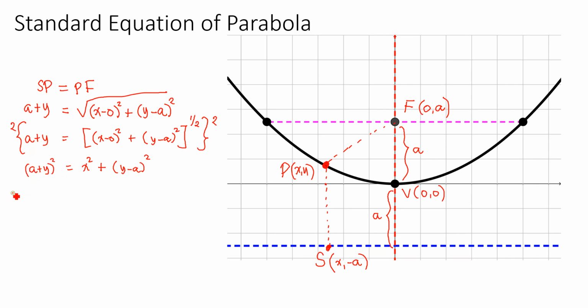For the middle term, you have 2 times y times a, so plus 2ay plus y squared equals, on the right, x squared plus, expanding this one, y squared.